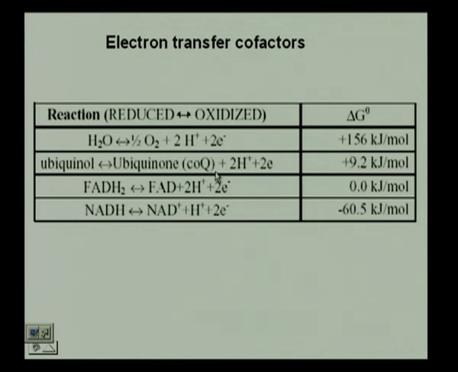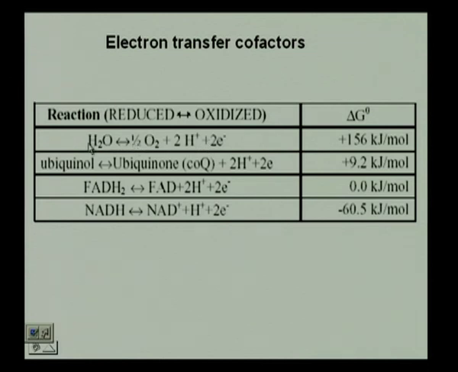Now, here are some of the delta G0 values associated with the electron transfer cofactors. When we go from ubiquinol to ubiquinone, quinol to quinone, I need 2 protons and 2 electrons, and I have a plus 9.2 kilojoules per mole free energy change.